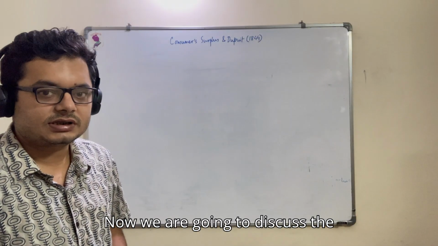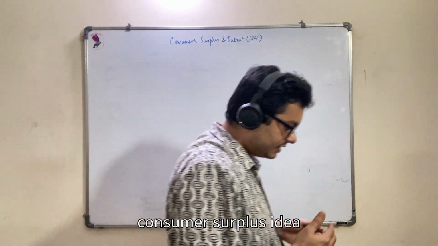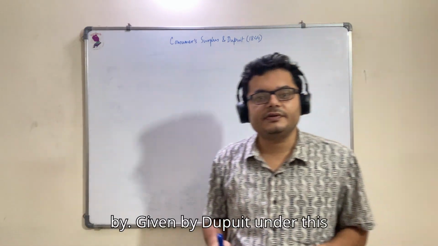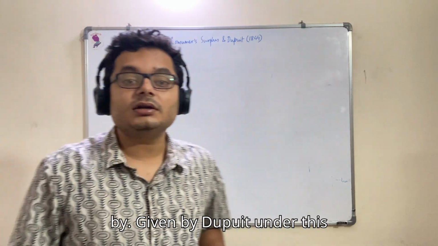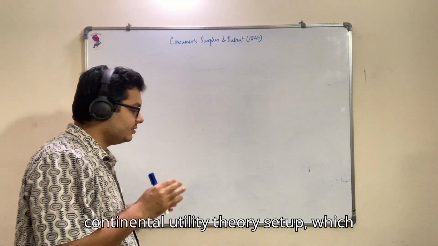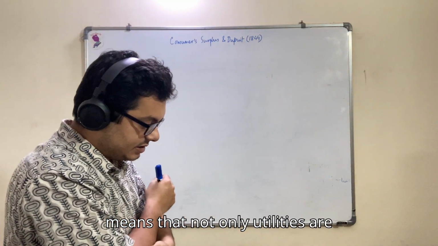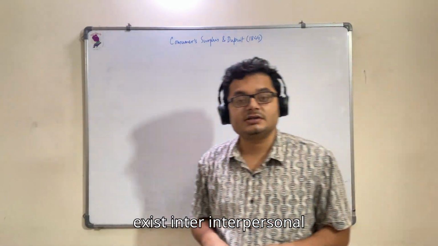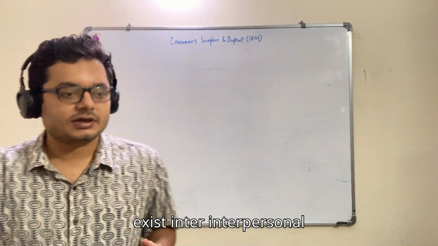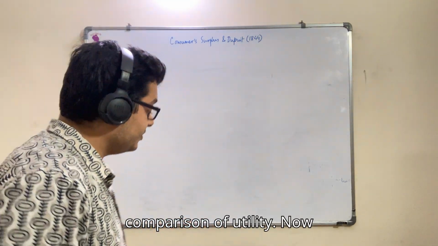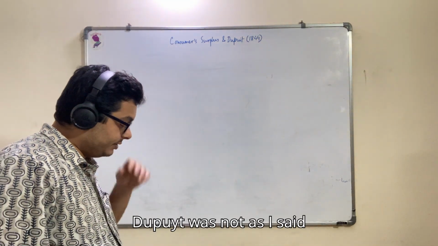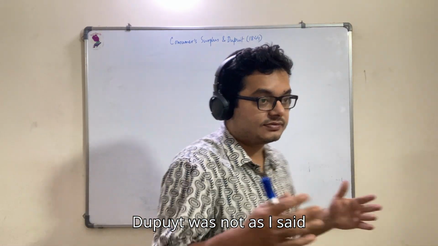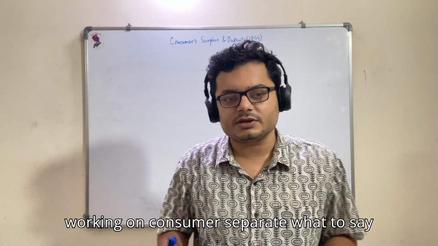Now we are going to discuss the consumer surplus idea as given by Dupuit under this cardinal utility theory setup, which means that not only utilities are cardinal, but also there exists interpersonal comparison of utility.